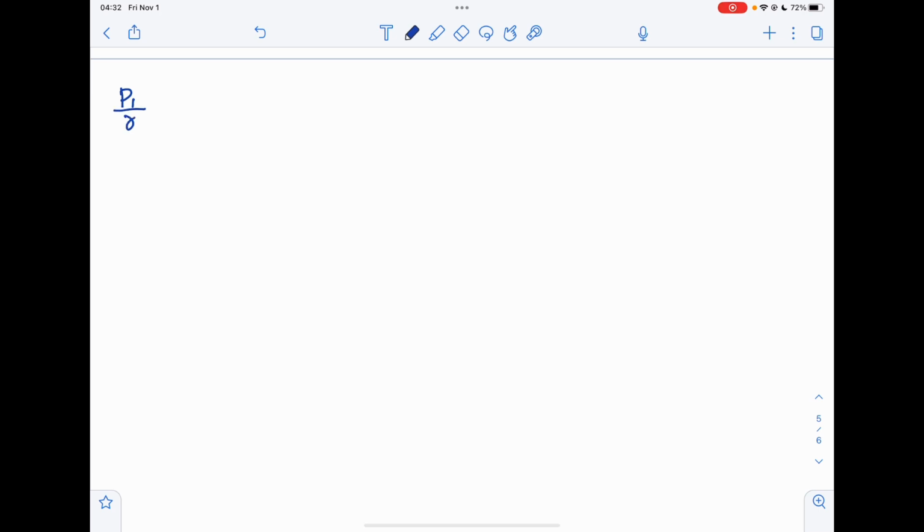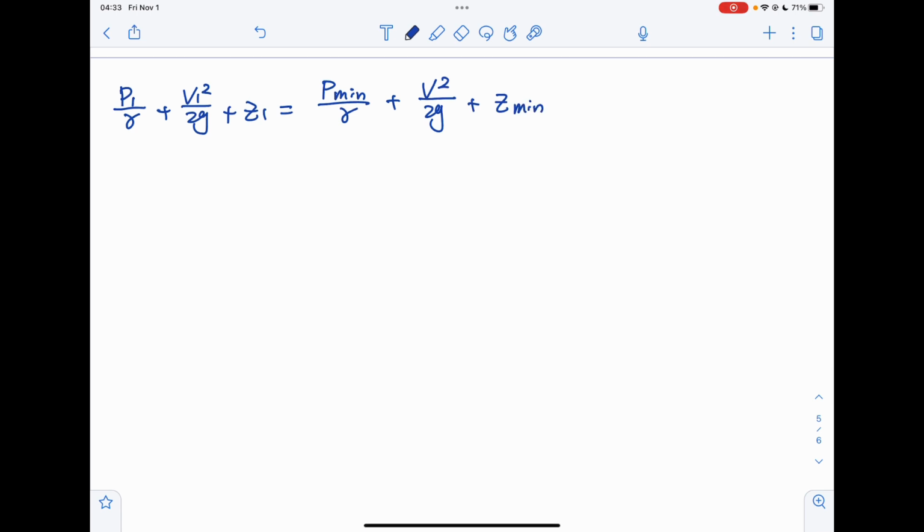P1 over gamma plus V1 squared over 2g plus z1 equals P minimum over gamma plus the velocity at minimum, which is the velocity of the pipe, squared over 2g plus the elevation of the minimum point plus the head losses to the minimum point.